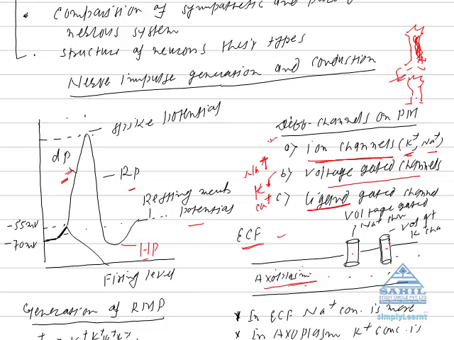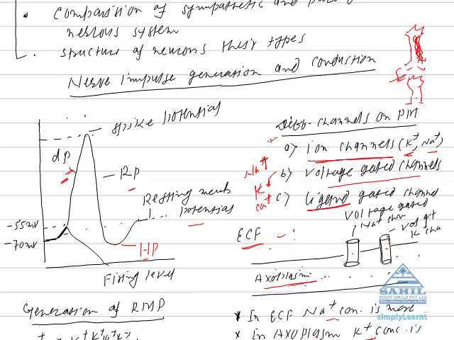The inside of the membrane, filled with axoplasm, is rich in potassium ion, so potassium concentration is more in axoplasm as compared to ECF. Similarly, in ECF, sodium concentration is more as compared to axoplasm.